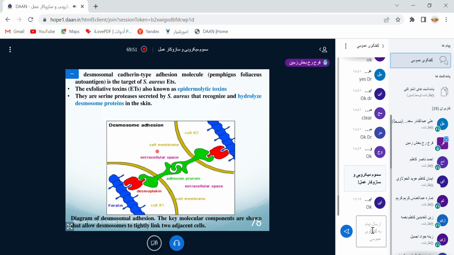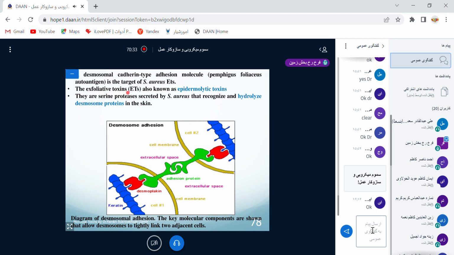What does the toxin want to do? The toxin wants to break it. The toxin wants the cells of the epidermis not to be connected to each other, so they can be removed very easily. Desmosomal cadherin type adhesion molecule, or pemphigus foliaceus autoantigen, is the target of Staphylococcus aureus exfoliative toxin. So exfoliative toxin action is here, in between the connection of two cells.